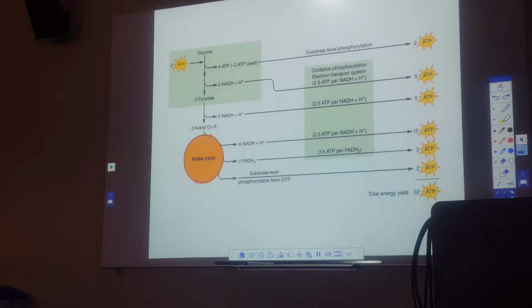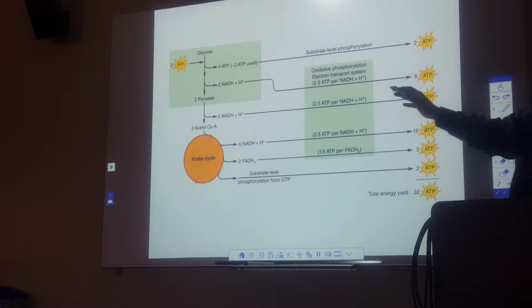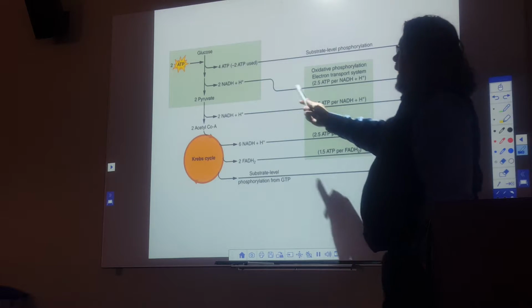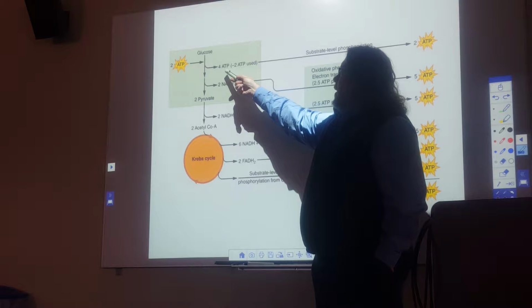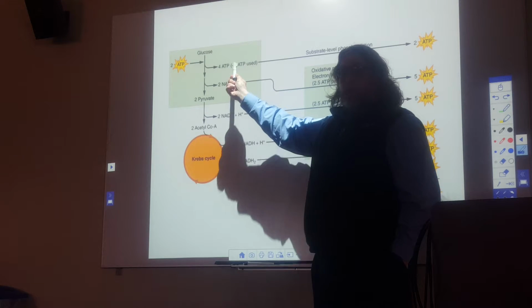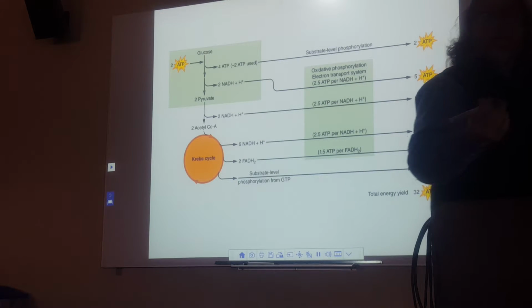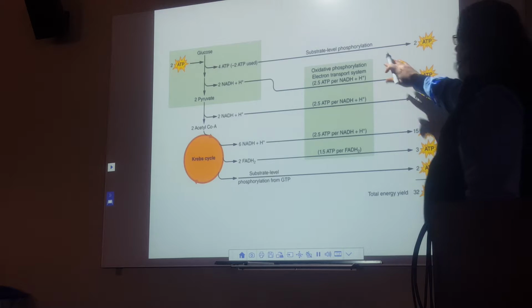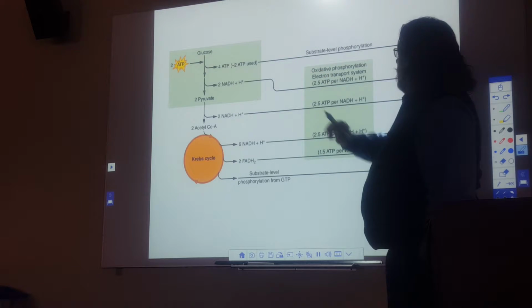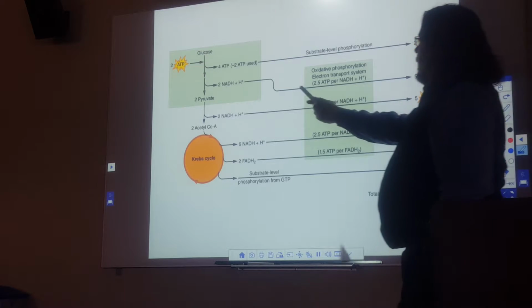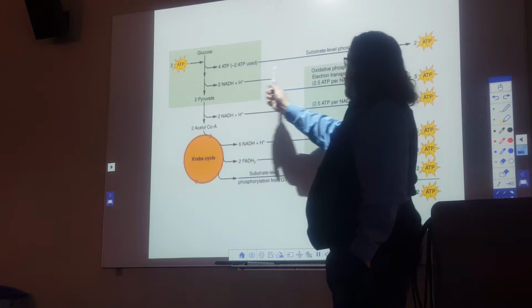Taking a glucose molecule, breaking it down to 2 pyruvate molecules, okay? We get a total production of 4 ATP. The net is 2 because we use 2 in the energy investment phase, right? And we had 2 NADHs that then are going to go to this box. What's this box? That's the electron transport chain in the mitochondria. So NADHs from glycolysis go there.